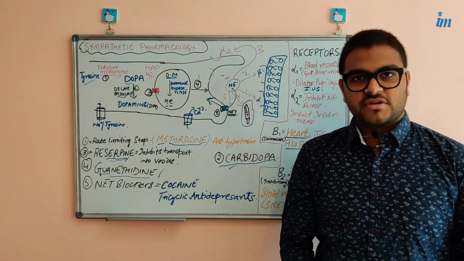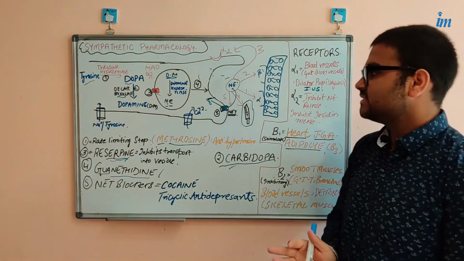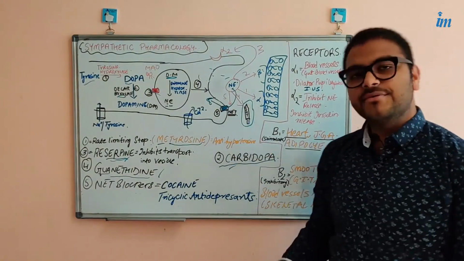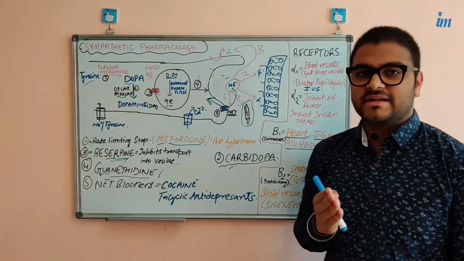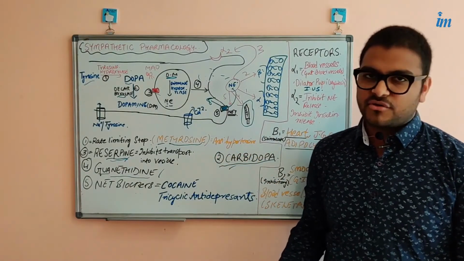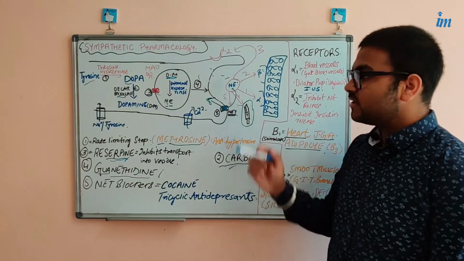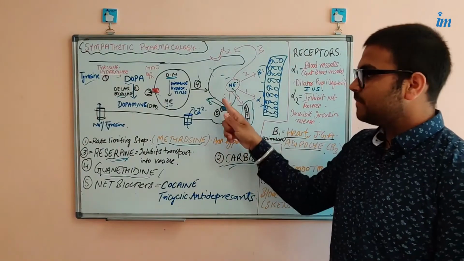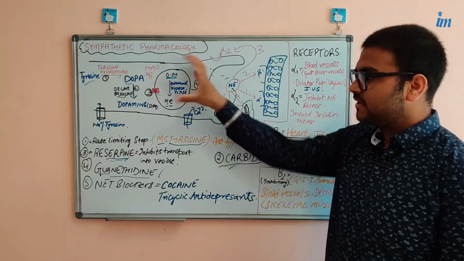You should remember it is NET, the norepinephrine transporter, or sometimes it is also called NAT, the noradrenaline transporter. Norepinephrine and noradrenaline are one and the same thing. So this transporter is very necessary for reuptake of norepinephrine into the presynaptic neuron.